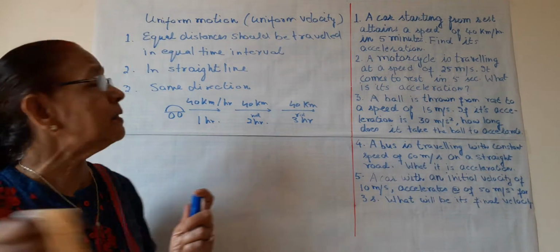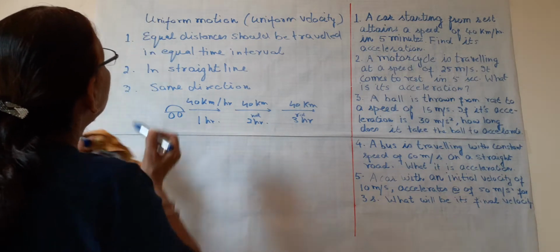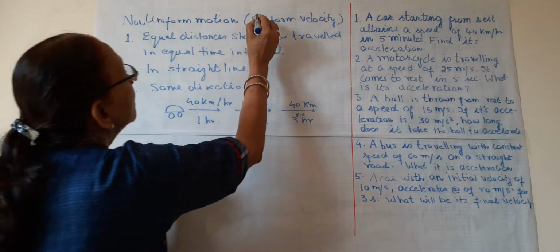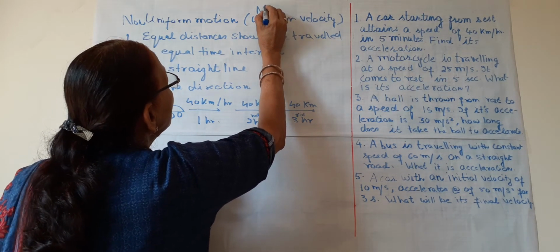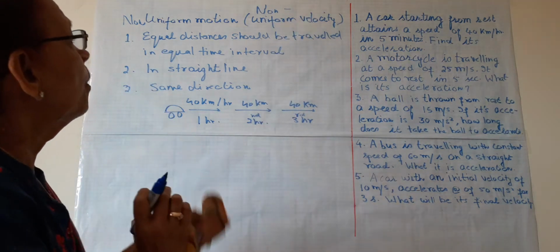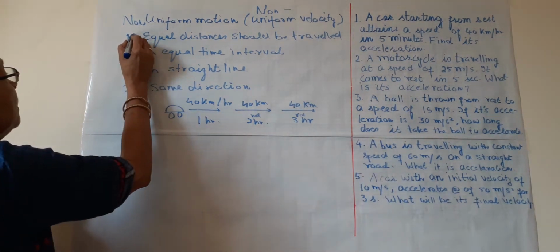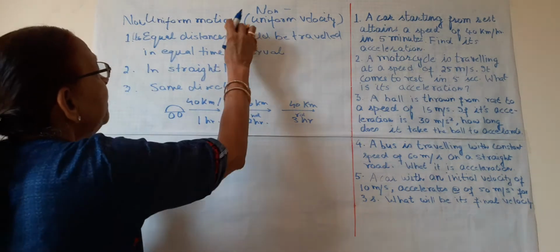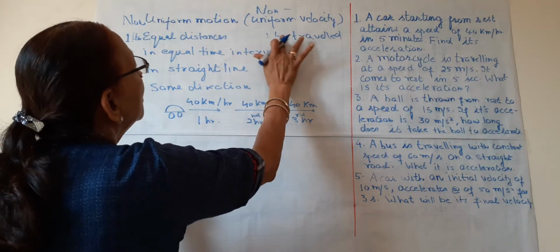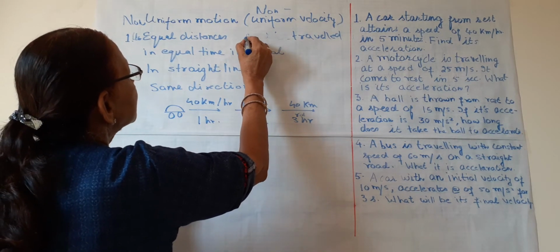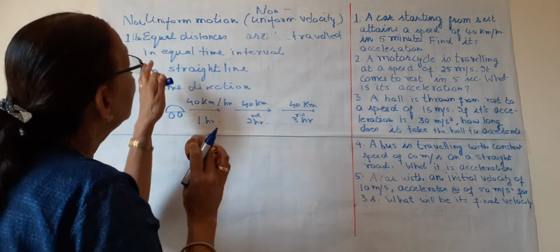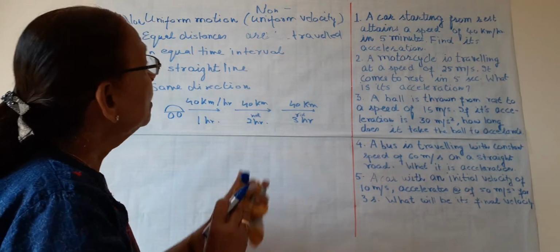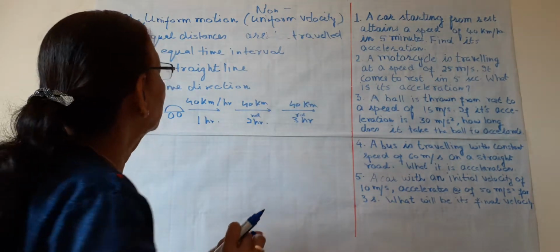Now the second is, what is non-uniform motion or non-uniform velocity? Velocity is also non-uniform and motion is also non-uniform. When unequal distances are traveled in equal time interval, then we call it as non-uniform motion or non-uniform velocity.